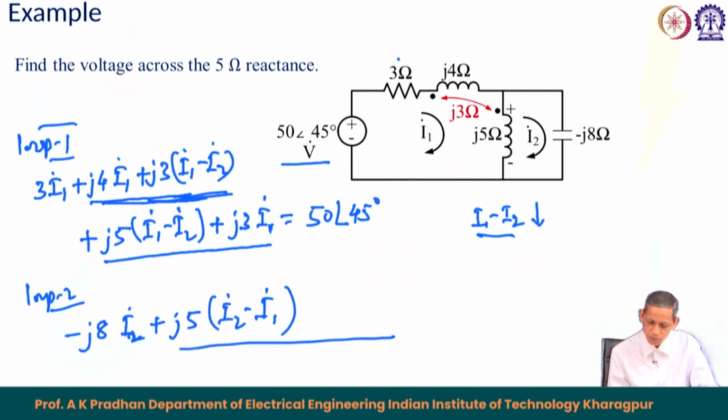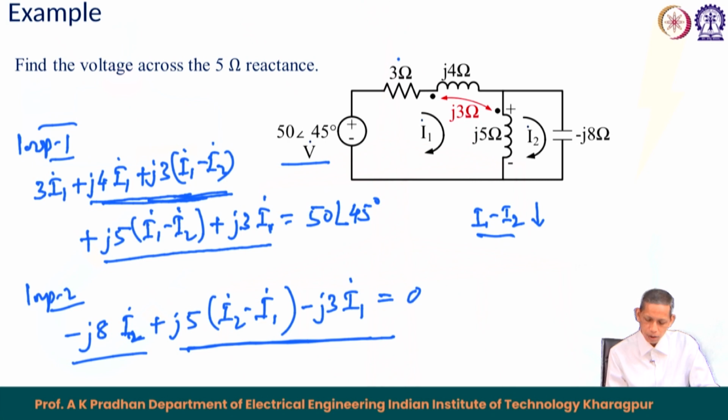For its mutual component, because I2 minus I1 is upward and it is leaving the dotted terminal, but I1 is entering the dotted terminal, the corresponding mutual part becomes negative J3 into I1. So, these are the two elements. So, two drops are added here. This is for the J5 part and this for the capacitor part. So, this equals 0.